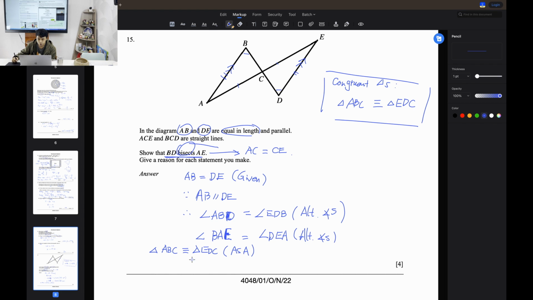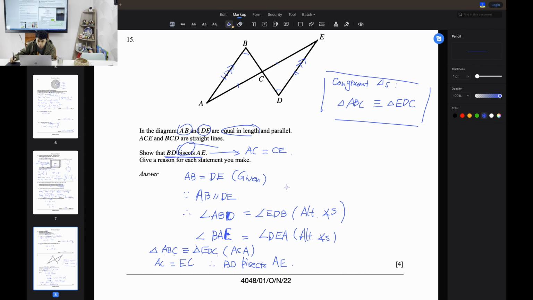All right, so based on the congruency, we know that all of their sides are equal. So we can see that AC equals EC, right? So that means BD bisects AE. Okay, it's a 4 marks question.